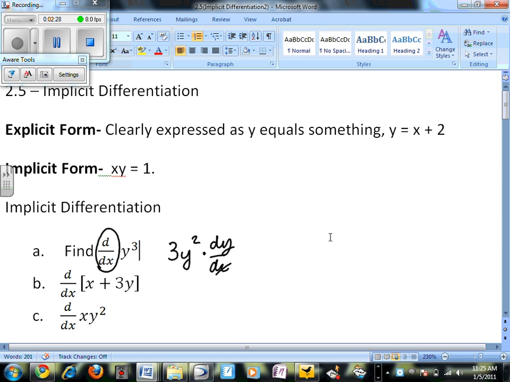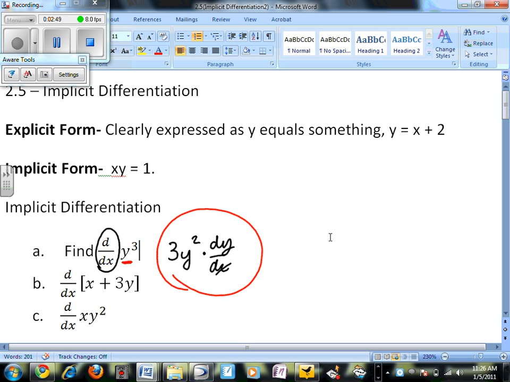I hope that makes a little bit of sense. Really, implicit differentiation isn't too hard once you get past the fact that this is all you do: you take the derivative with respect to y, and you multiply it by dy/dx.